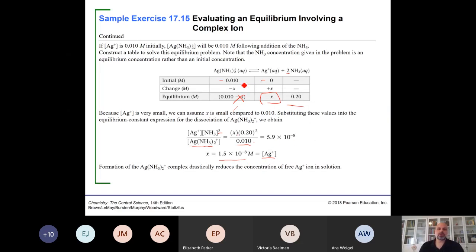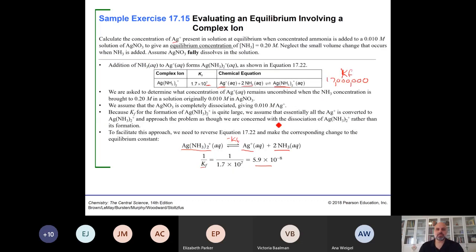Because if we were to look at the quantity, since the Kf is so extremely large, since the equation is driven to the left-hand side with a very large, right?